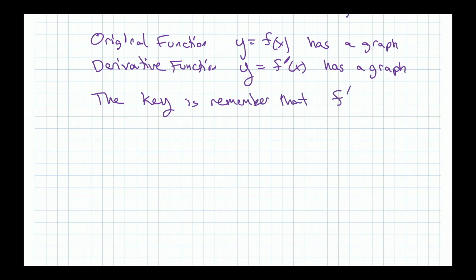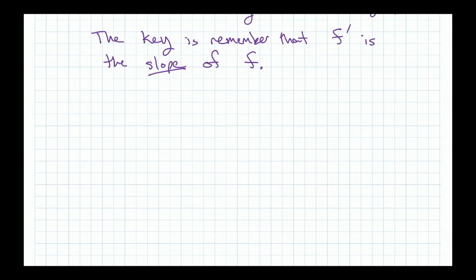f prime is the slope of f. Okay, and that's the key to the whole thing. So for example, when f looks like this, what kind of slope is that?